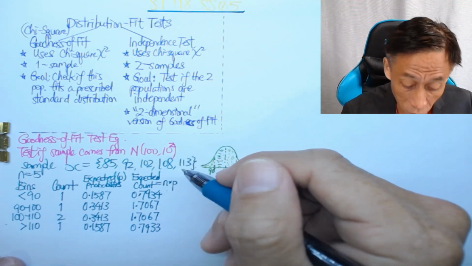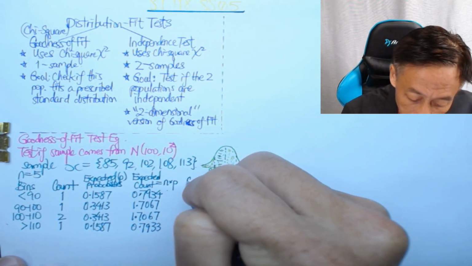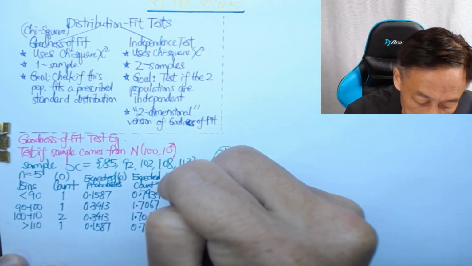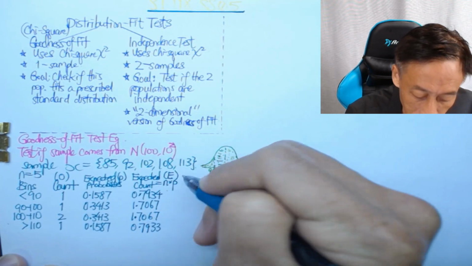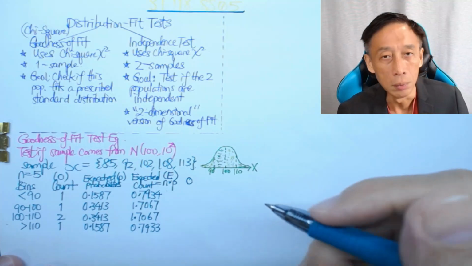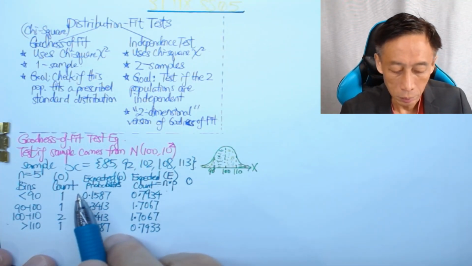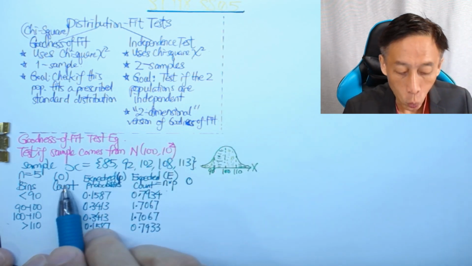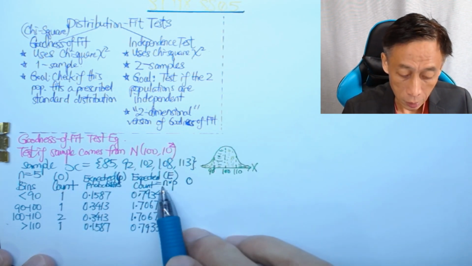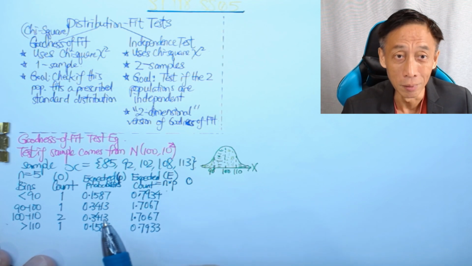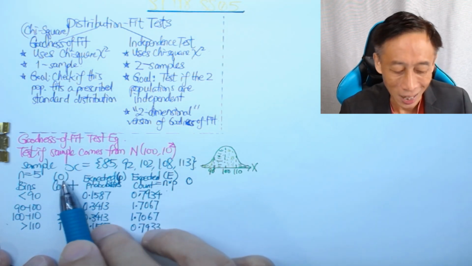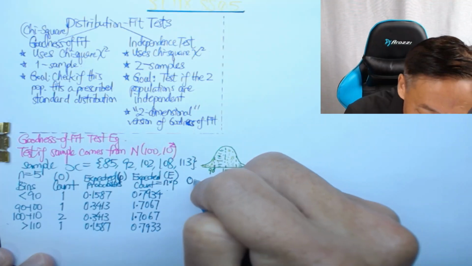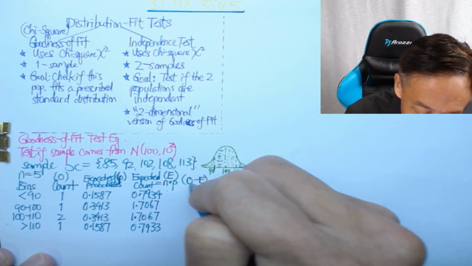chi-square term values, which is observed. So this is observed, and this is our expected. Typically, if you Google around, all the literature, even textbooks, will use O for observed, E for expected. I mean, try not to change it to S or SC, sample count or whatnot, because the formula is very international.